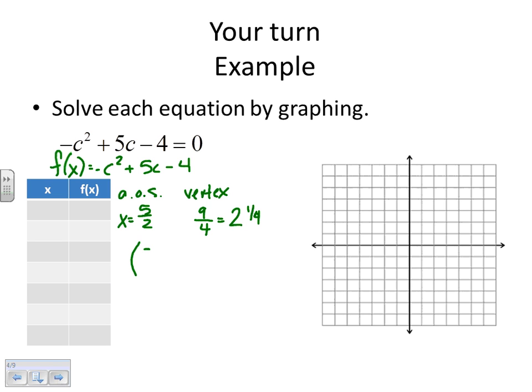Okay, so our point is 5 halves, 9/4, or that's the same thing as saying 2 1/2 and 2.25. So we're going to come here to our middle, and we got 2.5 and 2.25.